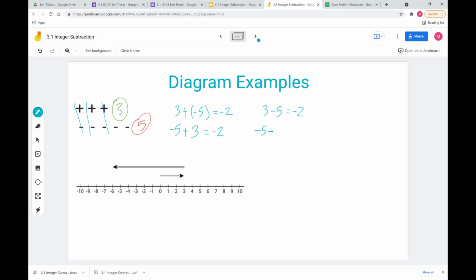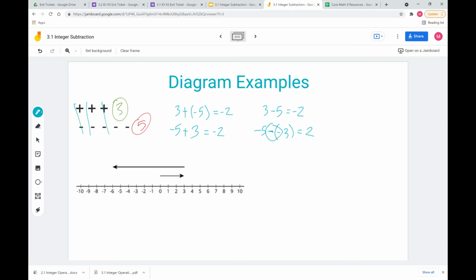So remember, we always want to look at the signs in the middle, and we can write negative 3. The 2 negatives, the 2 minus signs, turn into a positive because they're the same sign. So negative 5 plus 3 will once again equal negative 2. So these are just some different ways of showing how to write addition and subtraction equations for the counters diagram.